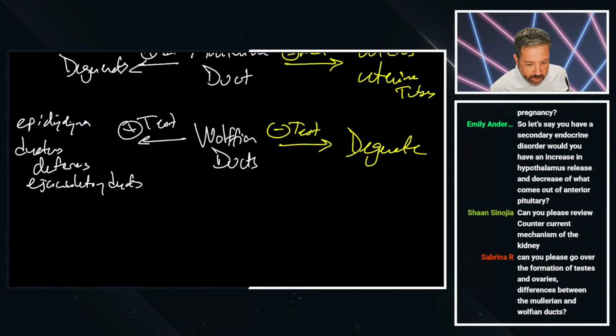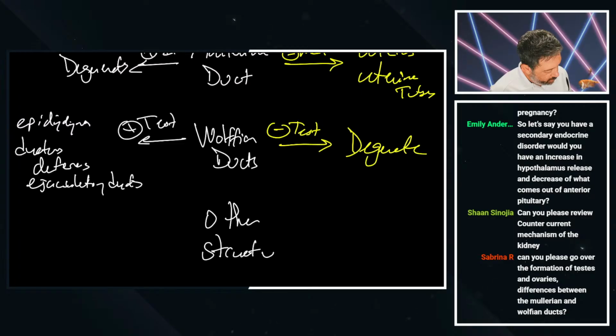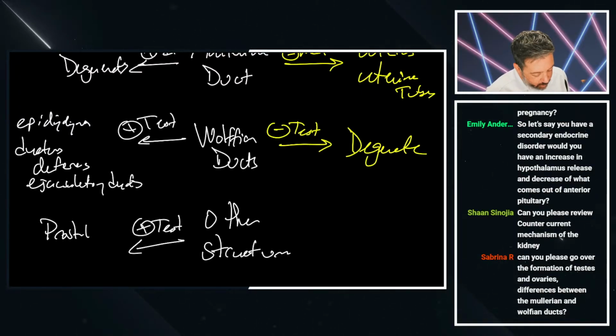Other embryonic structures, let's put over here. In the presence of testosterone, we get prostate, penis, and the scrotum.